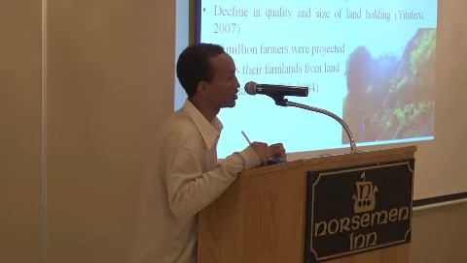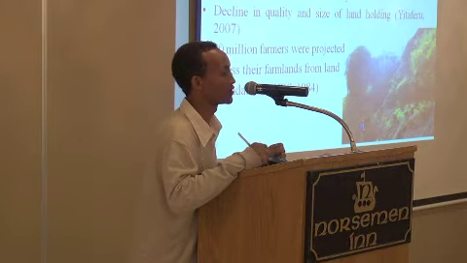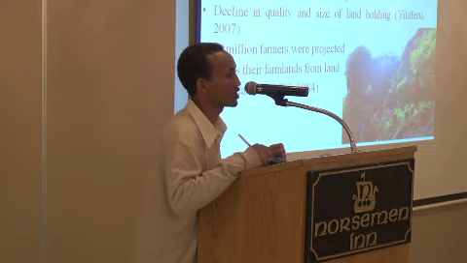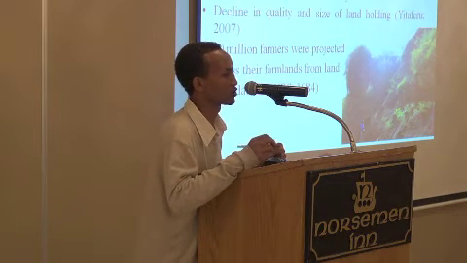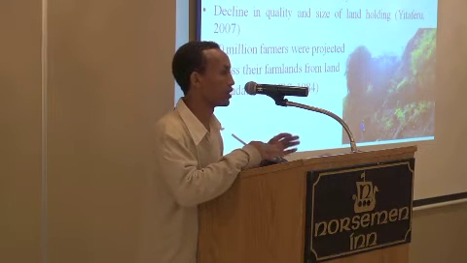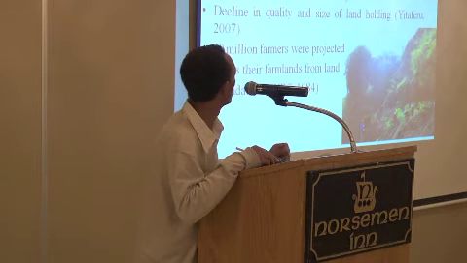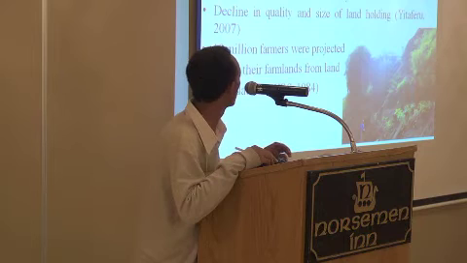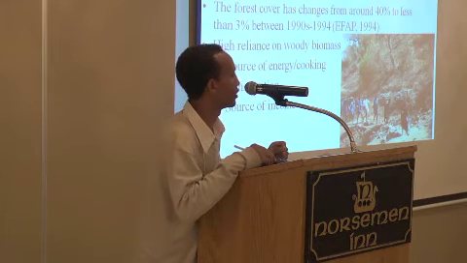Some studies indicate that it incurs a cost of about 150 million US dollars in 25 years, from the failure in production due to erosion alone. Declining quality and size of landholding is also an issue, and these are some of the challenges due to erosion.